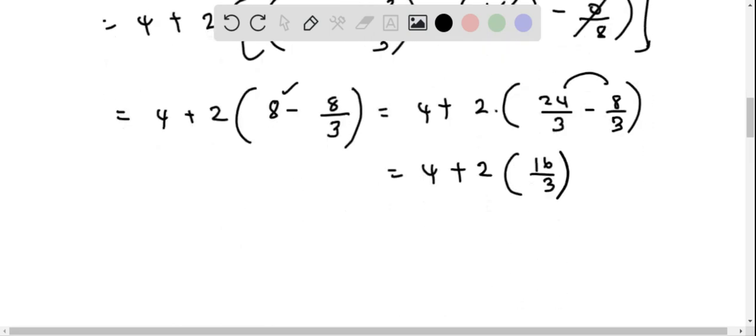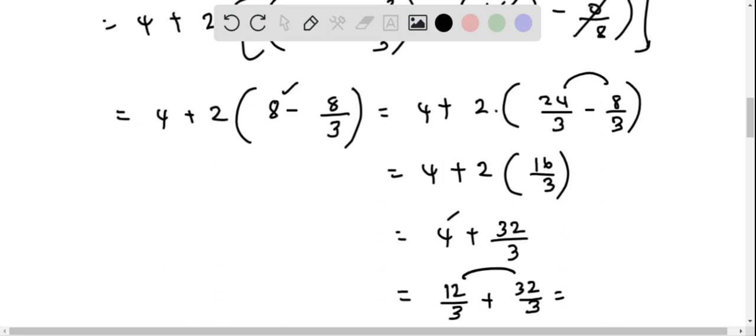So we get 4 plus 2 times 16, which is 32 by 3. So let's simplify this fraction. Once again, we multiply by 3 and divide by 3 so that we get a common denominator. 4 times 3 is 12, divided by 3, plus 32 over 3. Now we add these two numerators, that is 12 plus 32 is 44 by 3. And this is approximately 14.67.